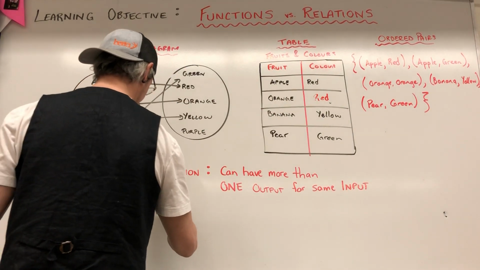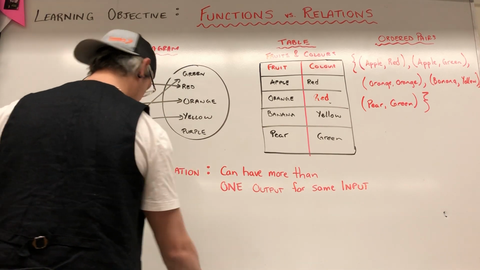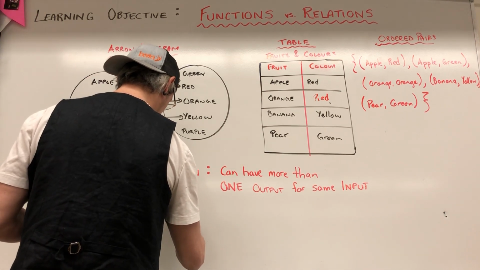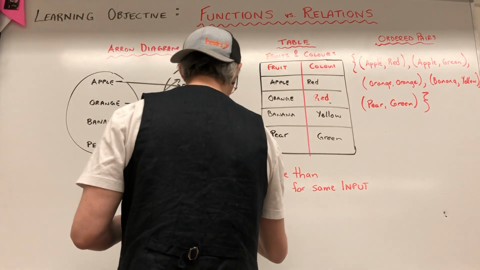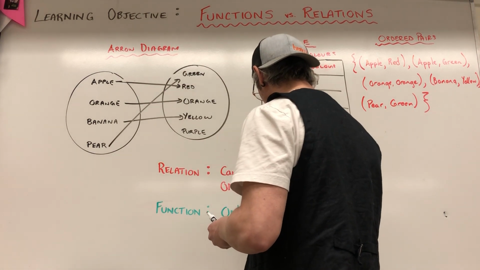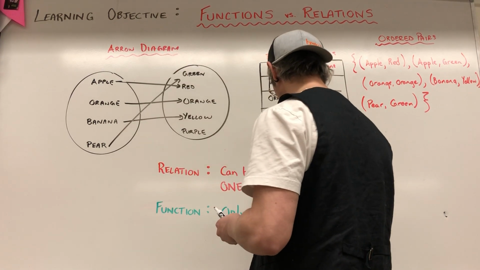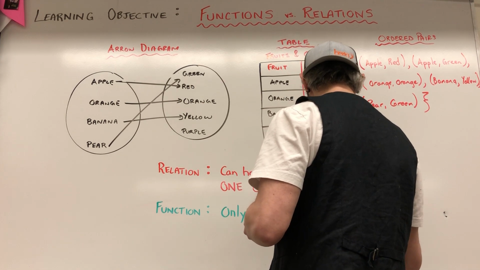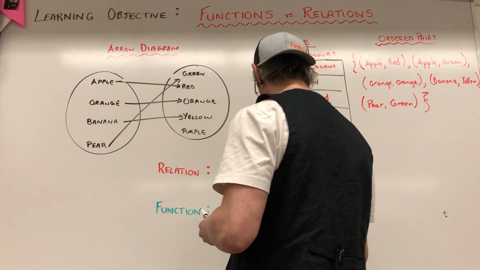And for functions, which I'm going to put in green because I like color coordinating, functions: only one output for each input. Okay?